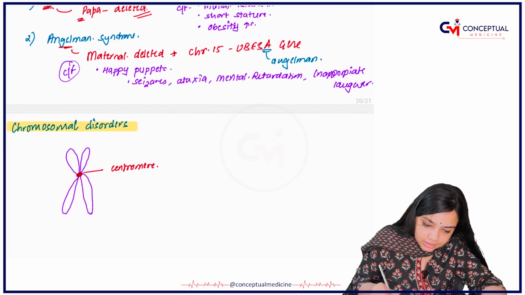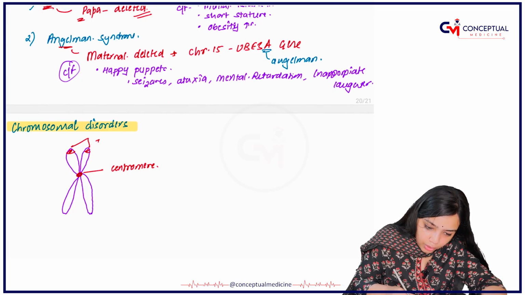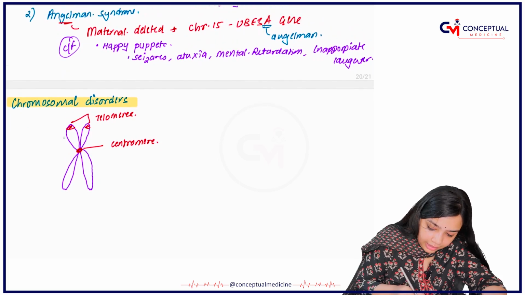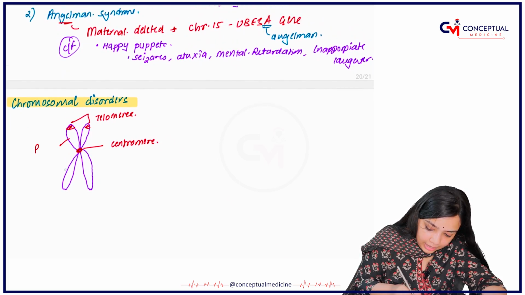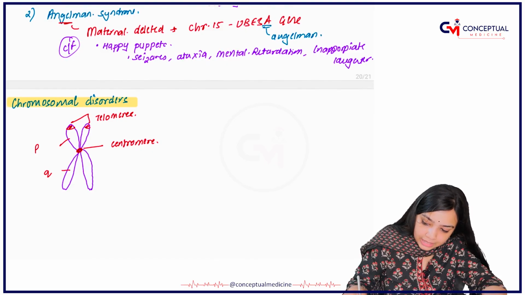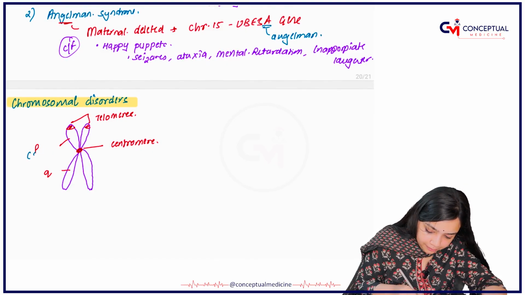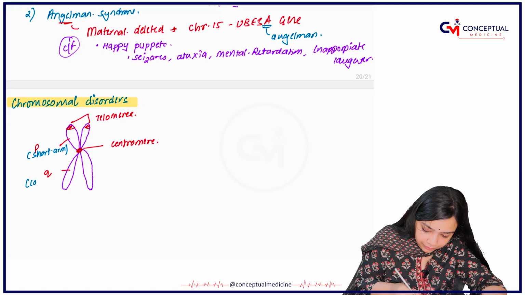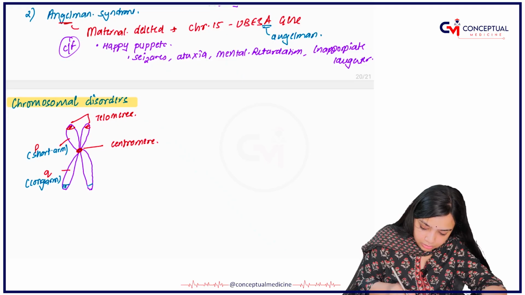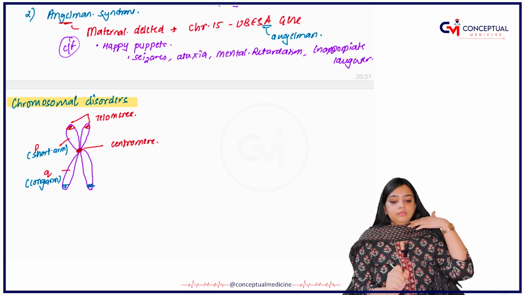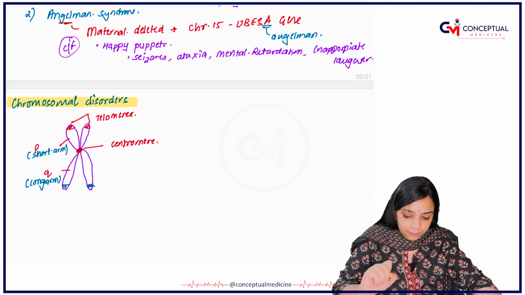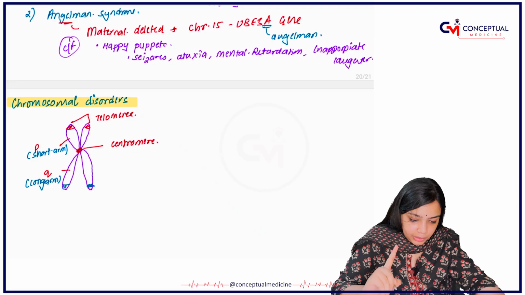At the ends, you have the telomeres. And here you have the P and here you have the Q. P is your short arm and Q is your long arm. These are the parts of chromosomes that you have.